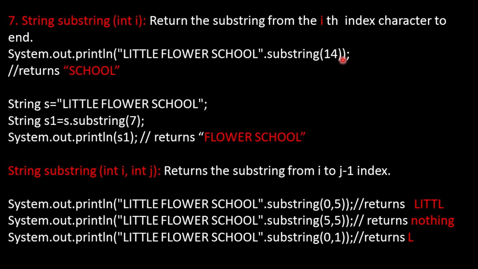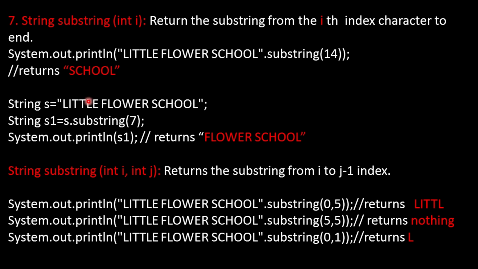That's very important. Let us come up to the 14th index position. Count 0, 1, 2, 3, 4, 5, 6, 7, 8, 9, 10, 11, 12, 13, 14. The 14th index position is this S. So from here onwards, that part of the string will be returned and that will be printed, school.